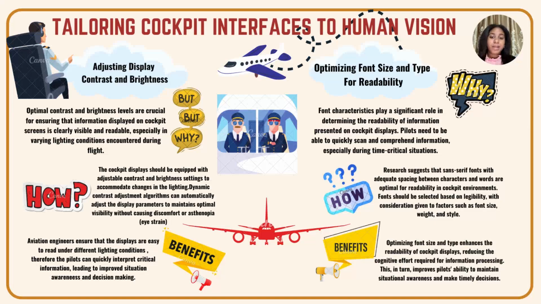The cockpit displays should be equipped with adjustable contrast and brightness settings to accommodate changes in the lighting. Dynamic contrast adjustment algorithms can automatically adjust the display's parameters to maintain optimal visibility without causing discomfort or eye strain, also known as asthenopia.